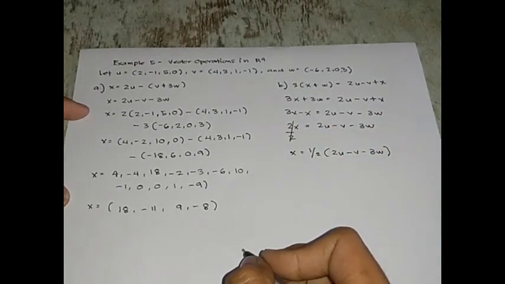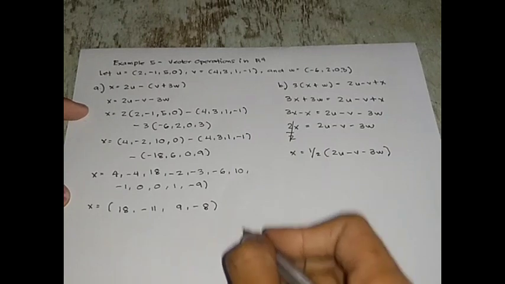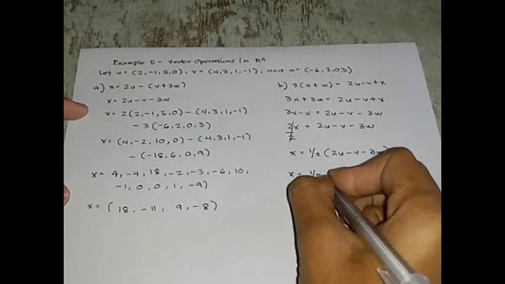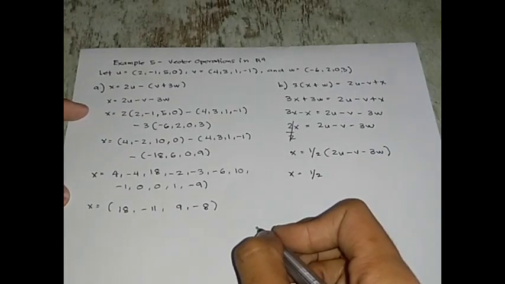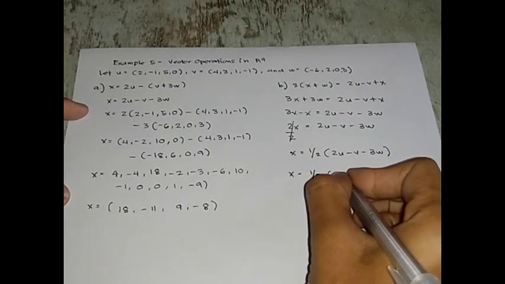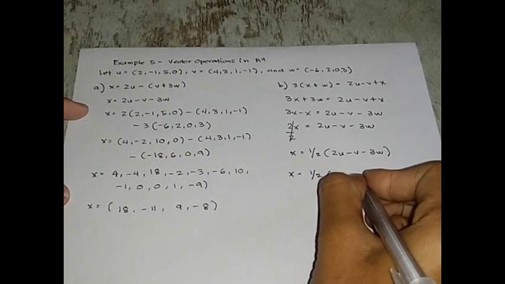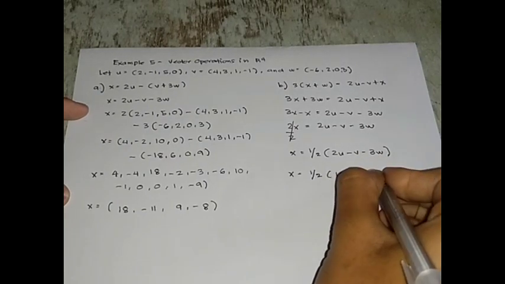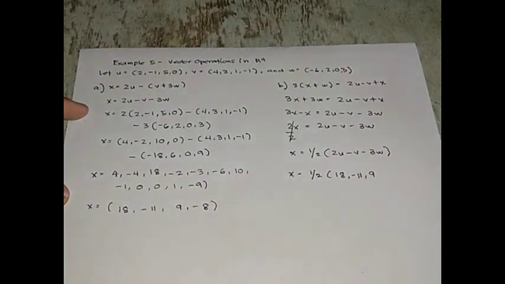So using the result for part A, x is equal to 1/2 times (18, -11, 9, -8).